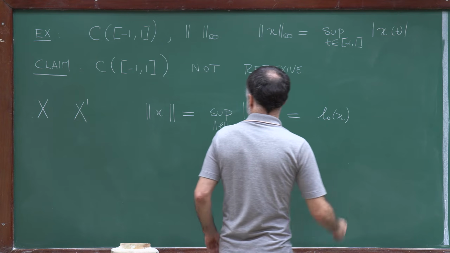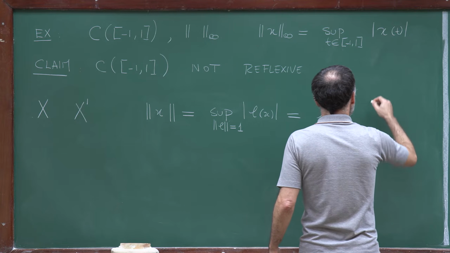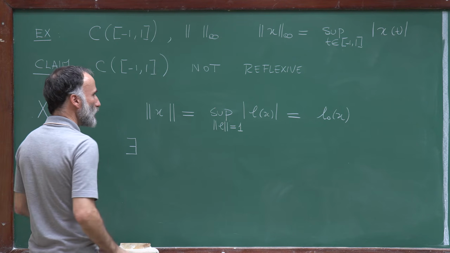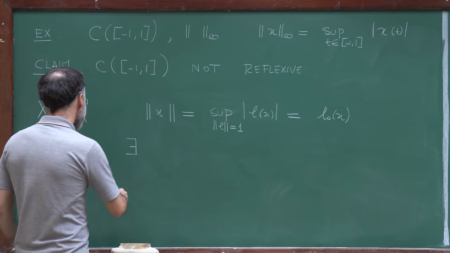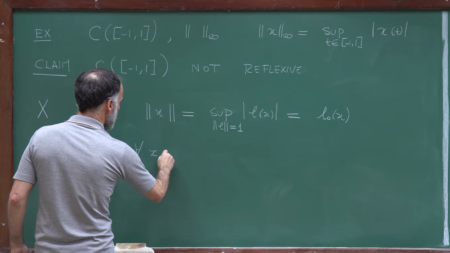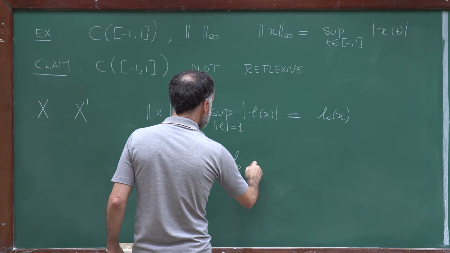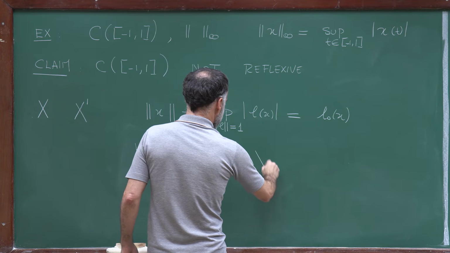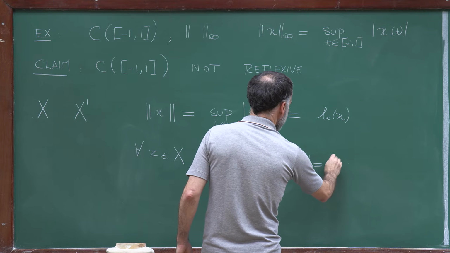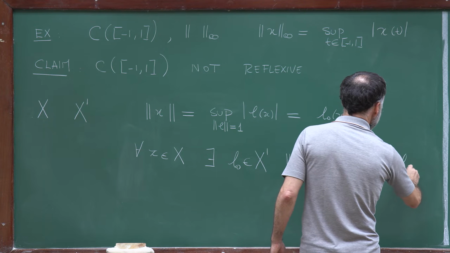To be precise, what we proved and what we'll be using here is that for any x in X, there exists a bounded linear functional L0 which has norm equal to 1 and such that the norm of x is equal to L0 of x.